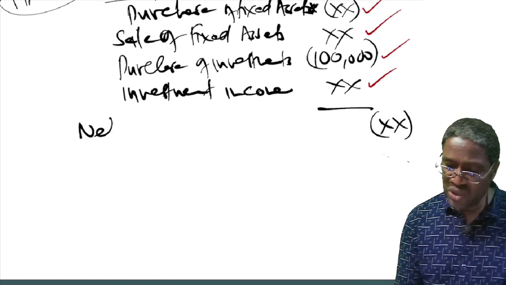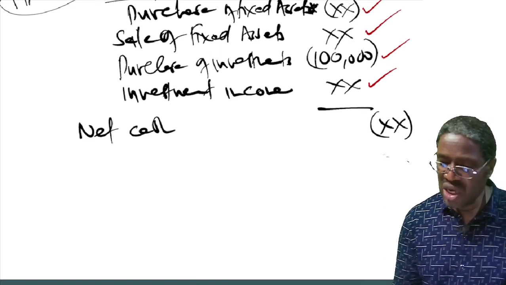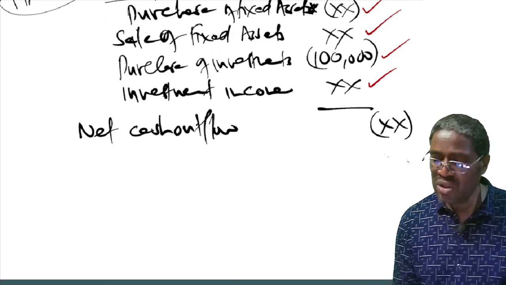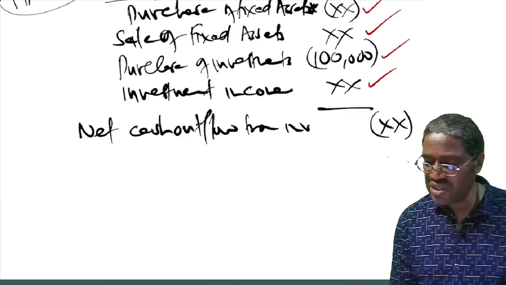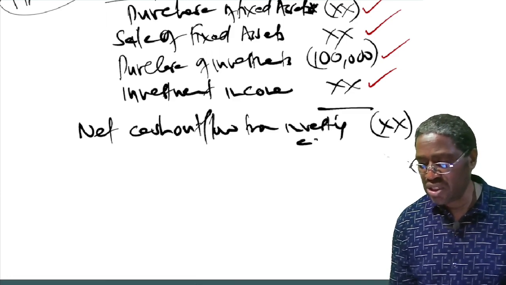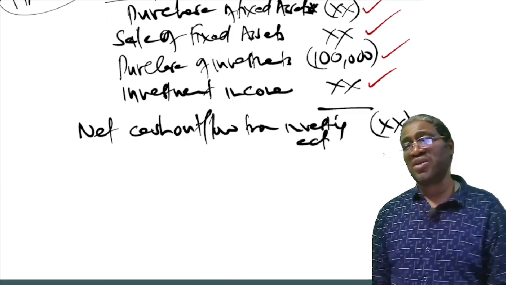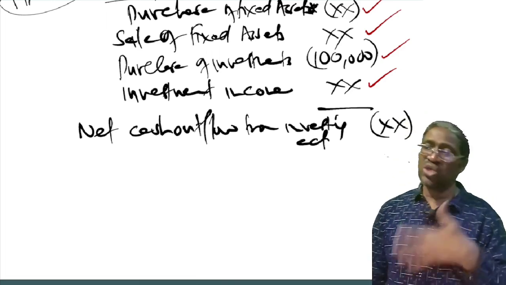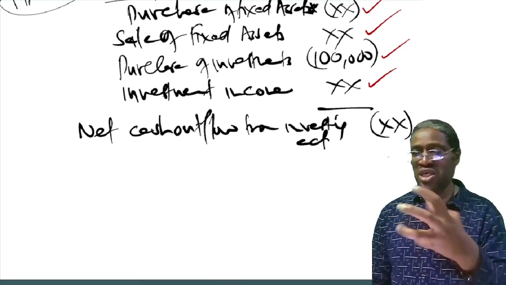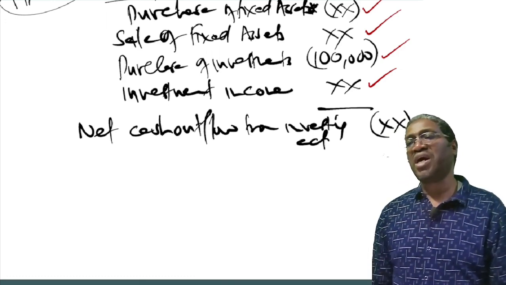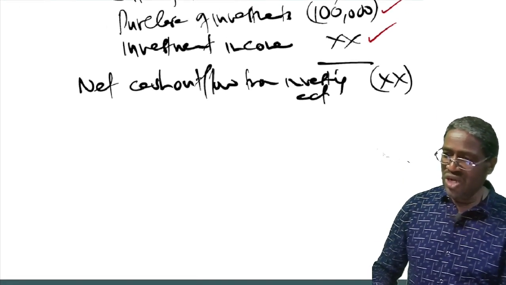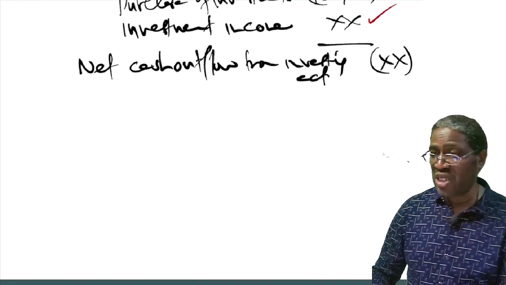Then we call this one net cash outflow from investing activities. Otherwise, if it was a positive, you would call it net cash inflow. If it's a negative, call it net cash outflow. Good.